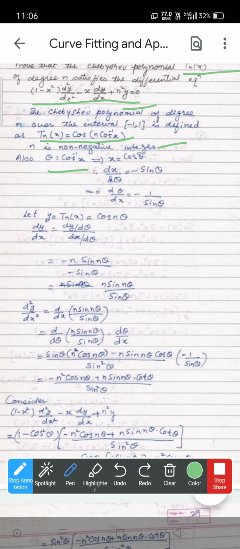We suppose this cos inverse of x as theta.